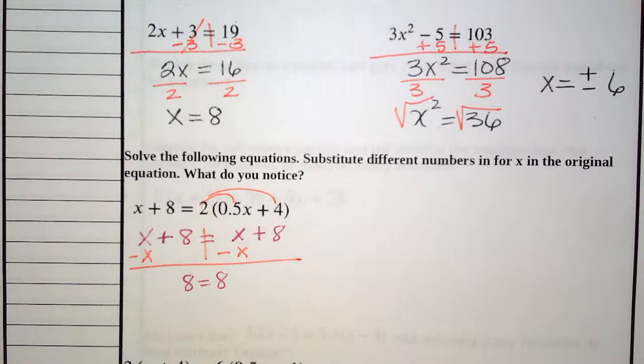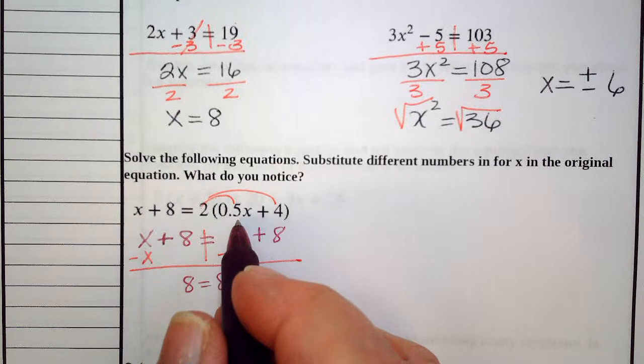When does that happen? Well, it happens all the time. So let's put some different numbers in and see what happens. We're going to use numbers that are even because it will be easier to multiply by 0.5.